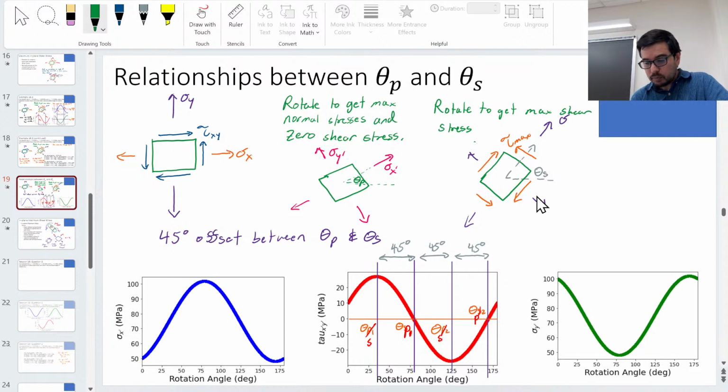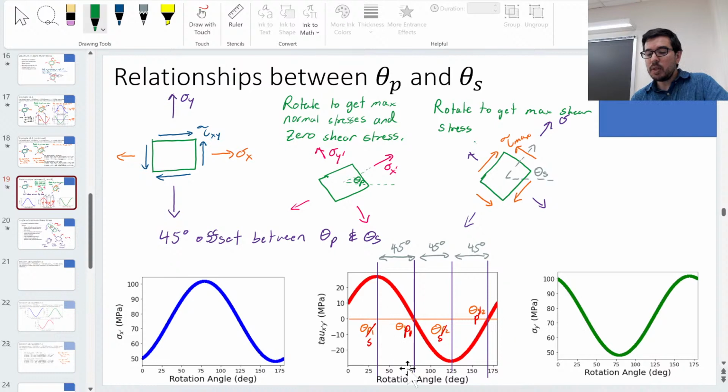And when we rotate, for example, to this right here, which is somewhere around 20 or 30, we see that we get a sigma X prime that is around 70 megapascals, and we get a sigma Y prime that is also around 70 megapascals in this particular case.